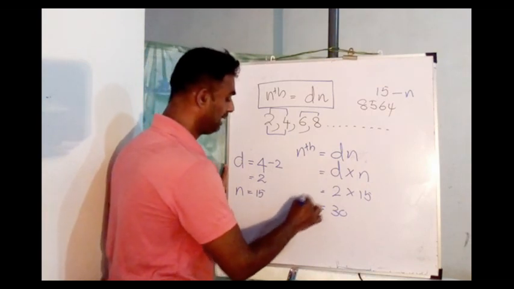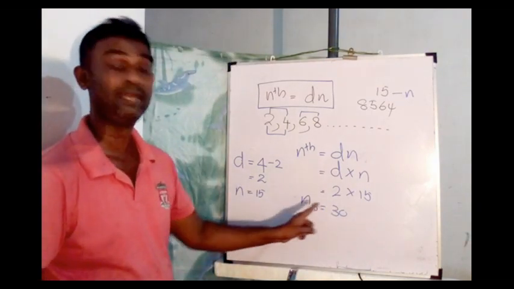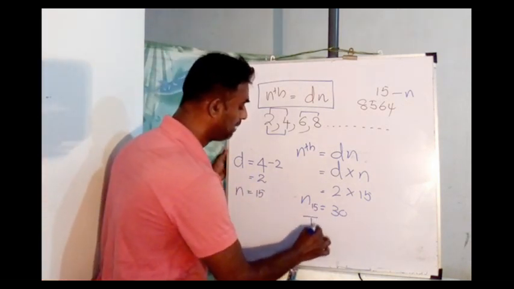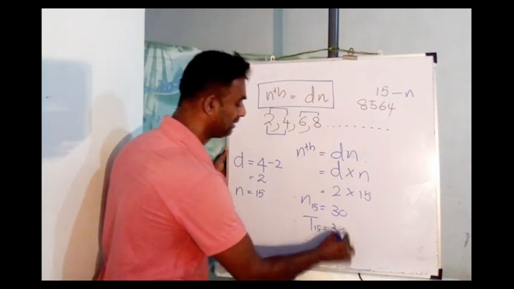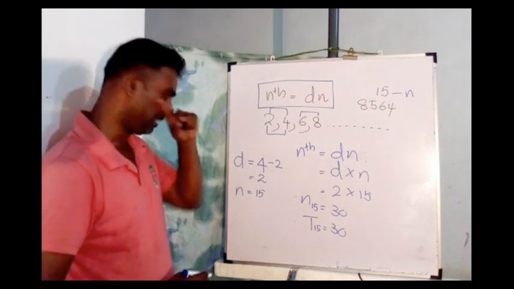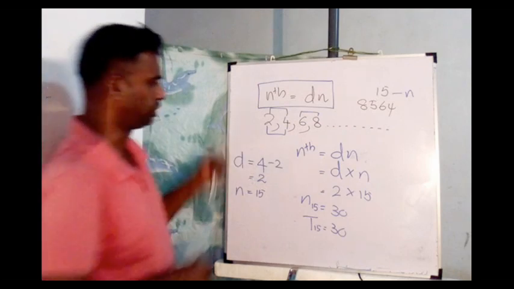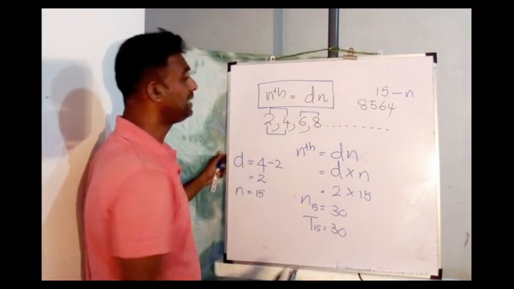This is also written as t 15, term 15, equals 30. Next, shall we go to this big amount? What is the n?